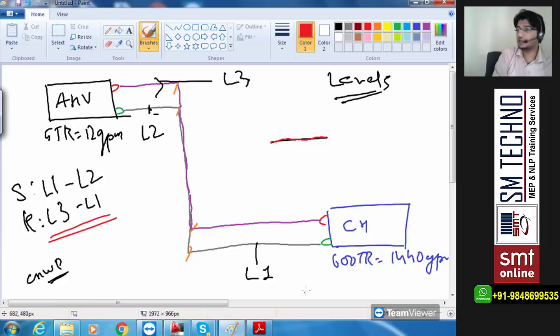This is like a section drawing that I'm drawing before you. If I show the same thing in the total top view, you cannot see the gray colored line at all. Is it clear? So inside the drafting parameter, we have to give from level 1 to level 2 and also from level 3 to level 1. Now depending upon the levels is how your fittings are going to work.